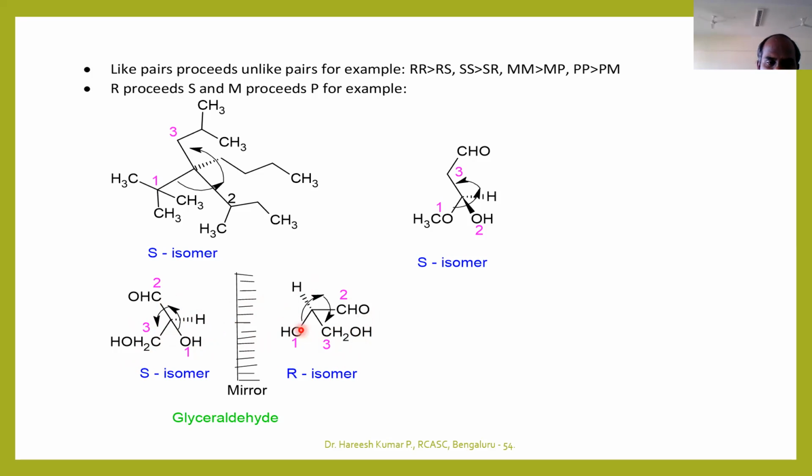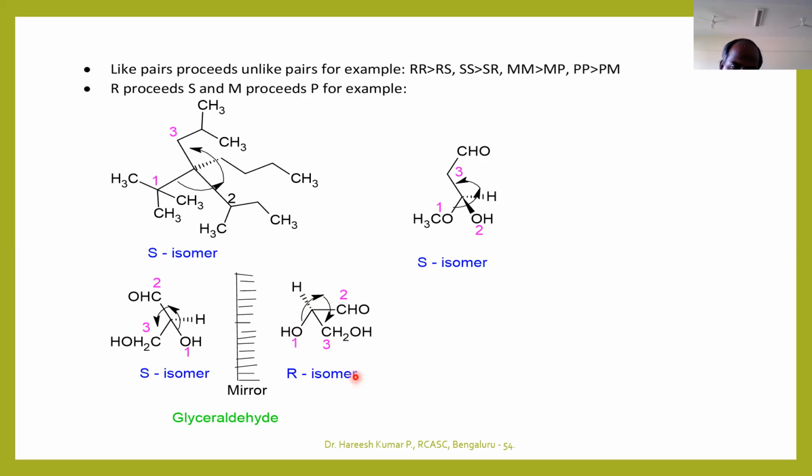Then the priority is 1 for the hydroxy group, 2 for aldehyde, 3 for CH2OH.